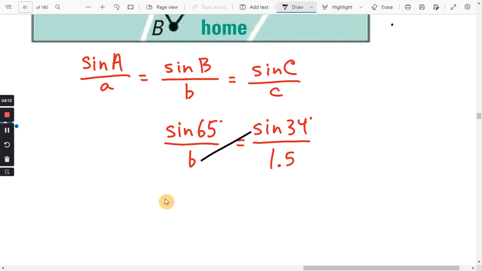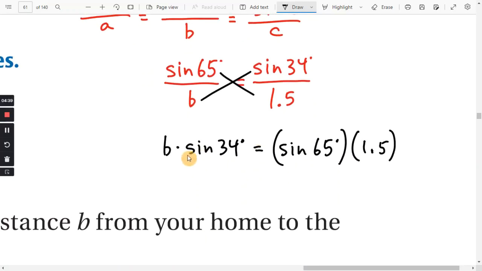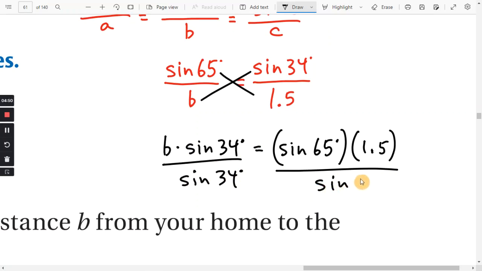So b times the sine of 34 degrees is going to equal sine of 65 times 1.5. Solving for b, the opposite of times sine of 34 is divided by sine of 34. You do the same thing to both sides.